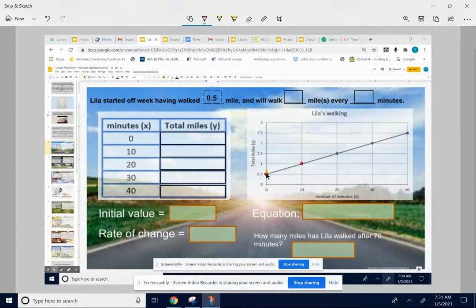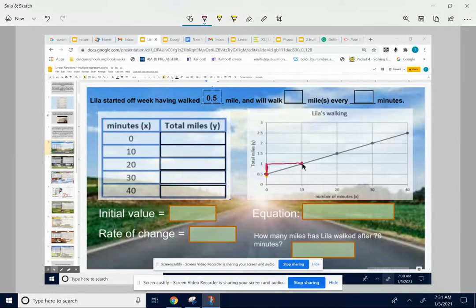So you could think of it as going up a half a mile as she goes over 10 minutes. You could have worded that as up half a mile every 10 minutes. There's nothing wrong with that. I don't like that one half. I just don't like it.